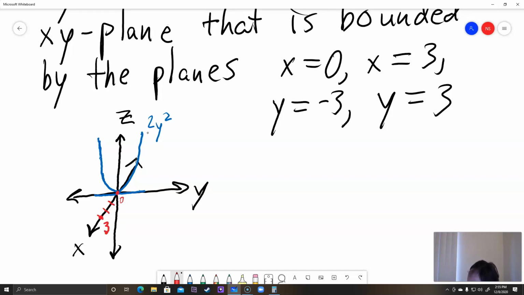Sorry, having trouble writing small on this thing. Okay. And then we know that y goes from -3 to +3. So y is going to go down to -3, 1, 2, -3. And it's going to go up to +3.